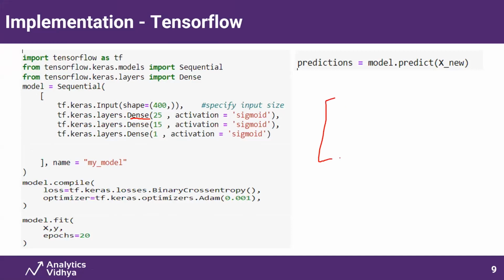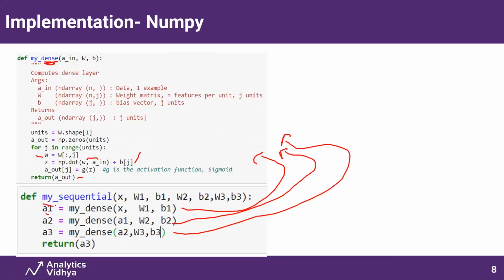We saw that we had layer 1, layer 2, and layer 3, right? Sorry for my drawing. If you remember in the previous slide, we used a function known as mySequential to tie all these layers together.